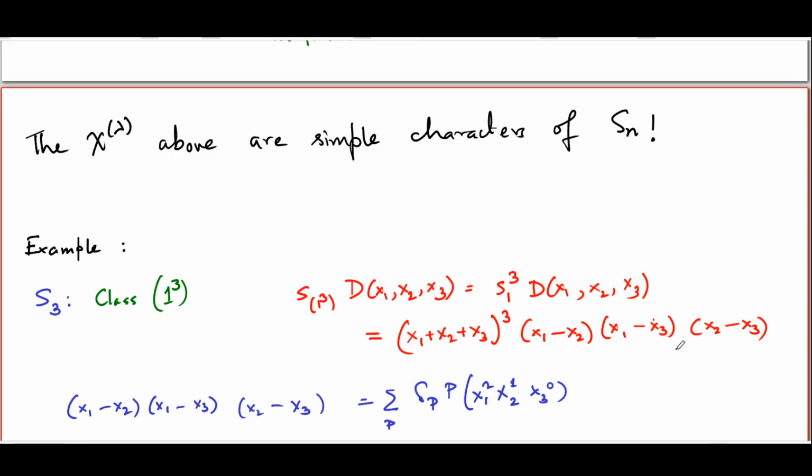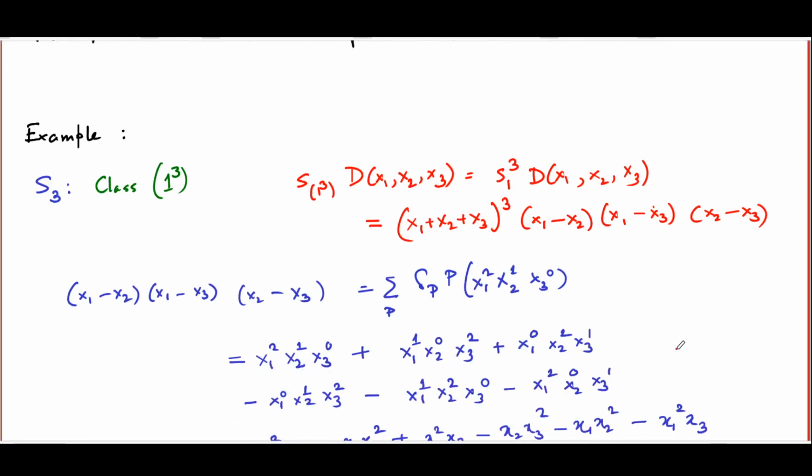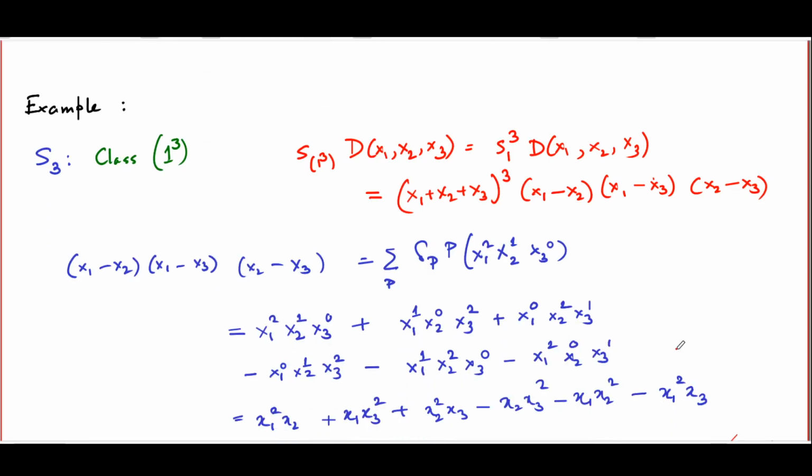That's what the formula says, but what it really means can be easily figured out by actually multiplying this whole thing out or expanding out this formula. Of course, what this says, if you look at the pieces, is the following. One term is, of course, x1 squared, x2 to the power 1, x3 to the power 0.